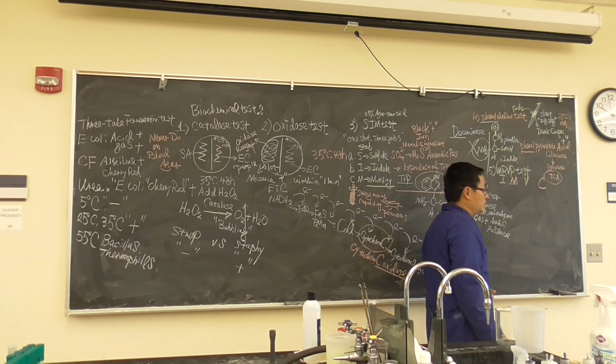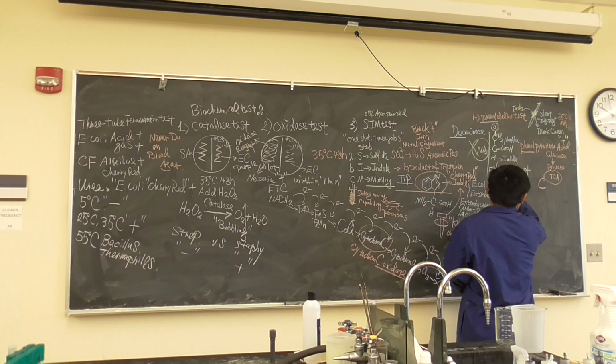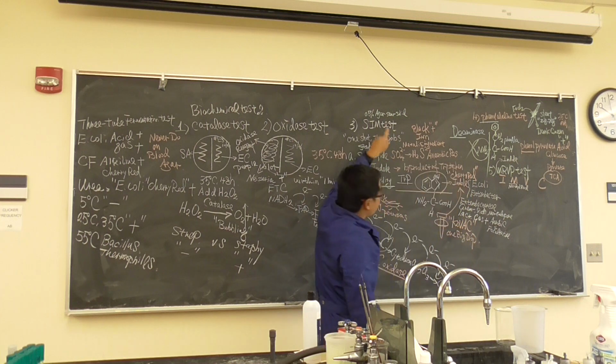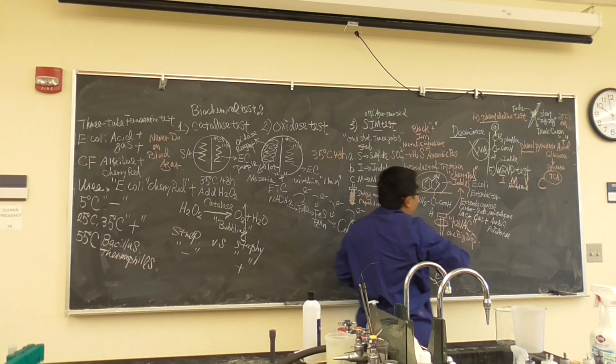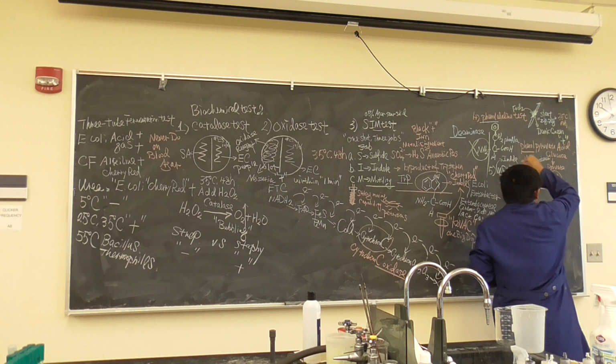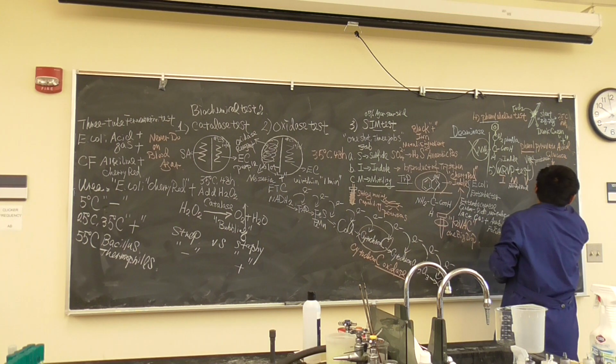M is methyl red. This M is not motility. In SIM, that M is motility, okay? This M is methyl red. What is V? Voges-Proskauer. What is C? Citrate.